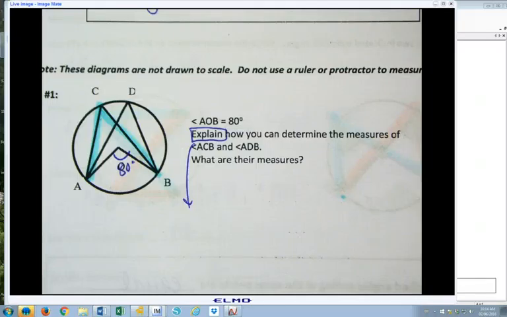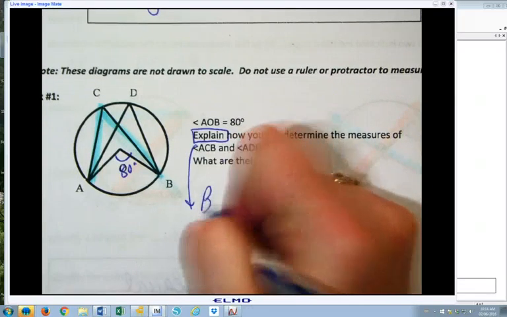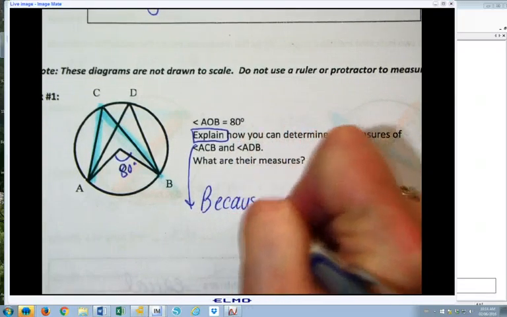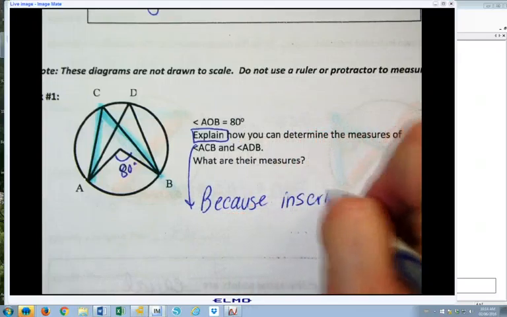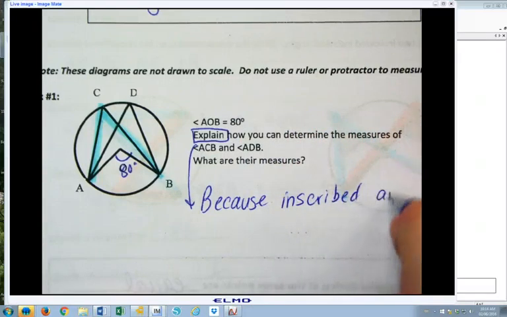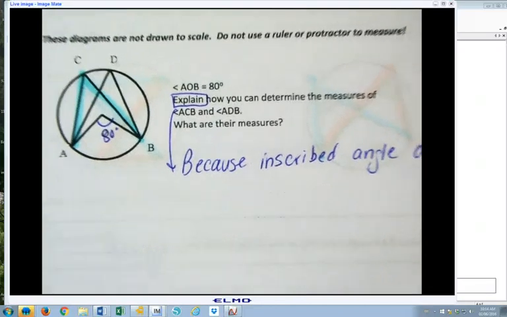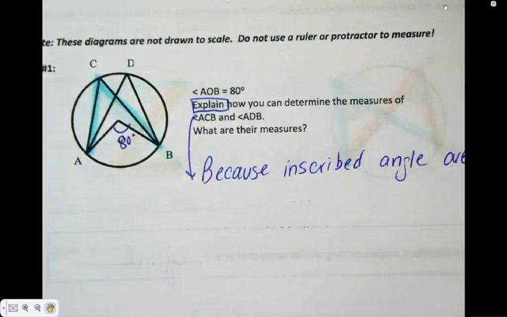Inscribed angle is half the measure of the central angle. That's your reason why.